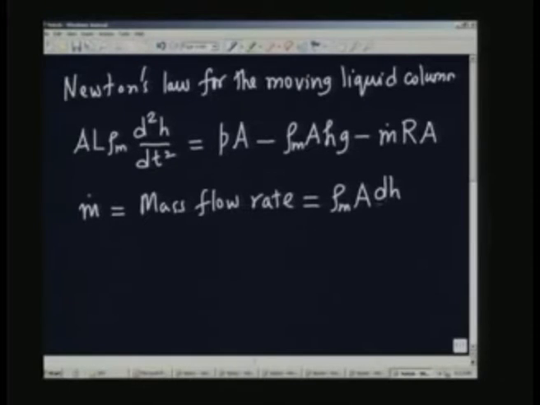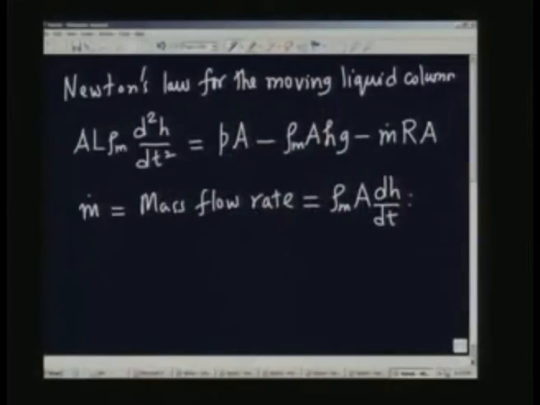Velocity I will write as dh by dt, again using our idea of the modeling which I discussed a little while ago. Okay. So, I am going to substitute this in here.